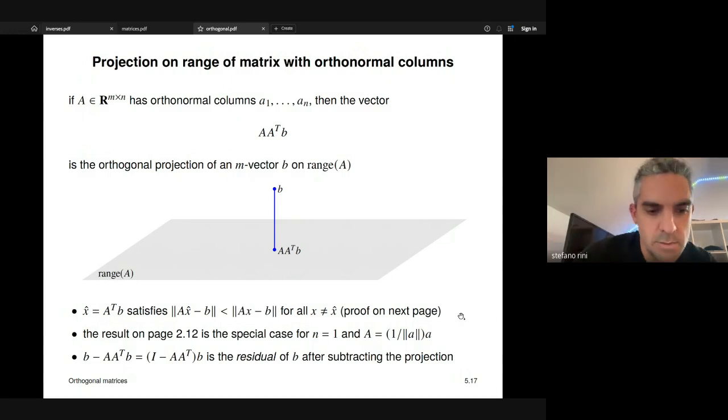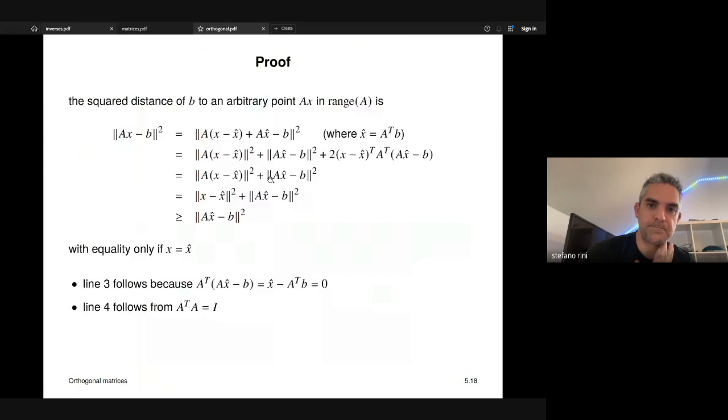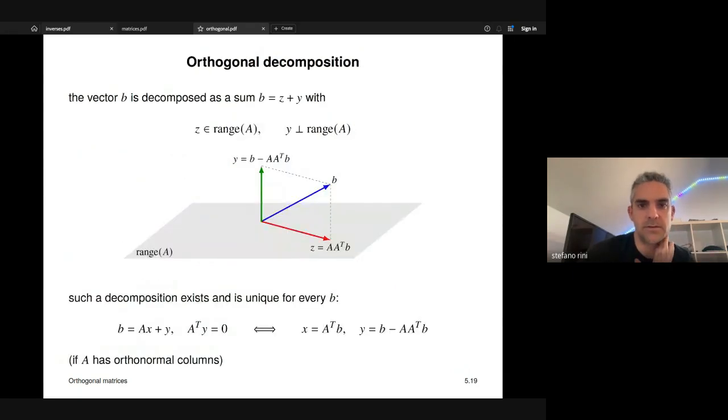So x-hat, which is equal to A transpose B, satisfies that the norm of A x-hat minus B is less than or equal to the norm of AX minus B for all the points on the plane, and this is always true. We call the residual B minus A A transpose B, the difference vector here. The proof is here; it's not a problem, you can go through it by yourself.